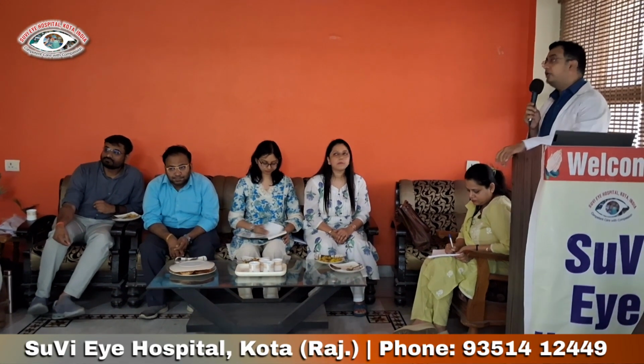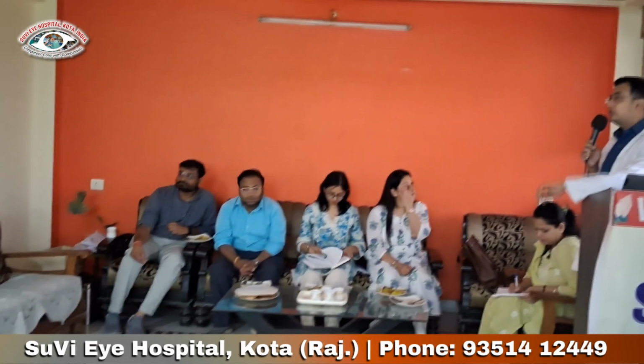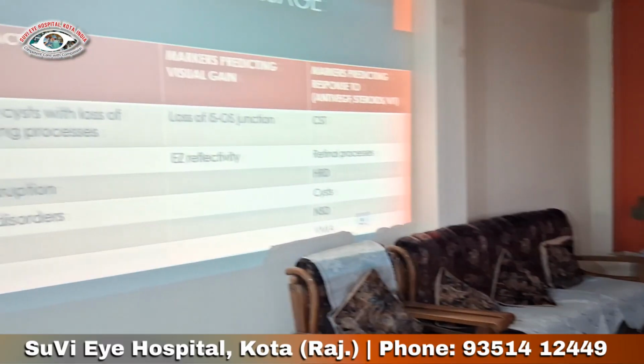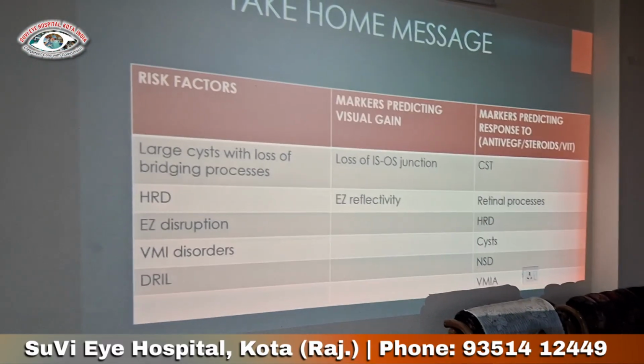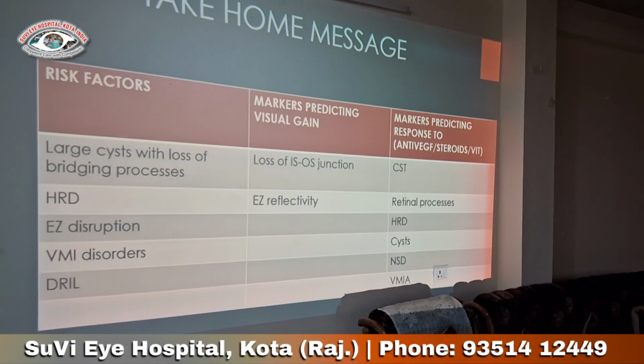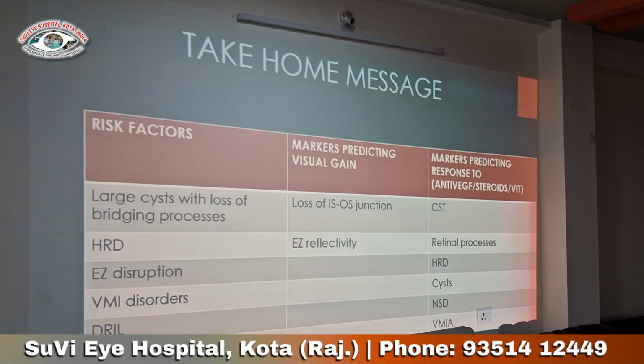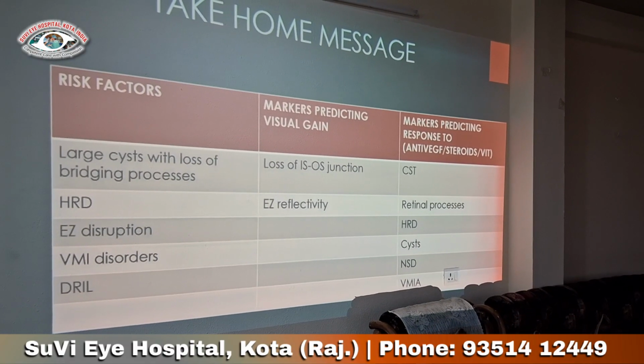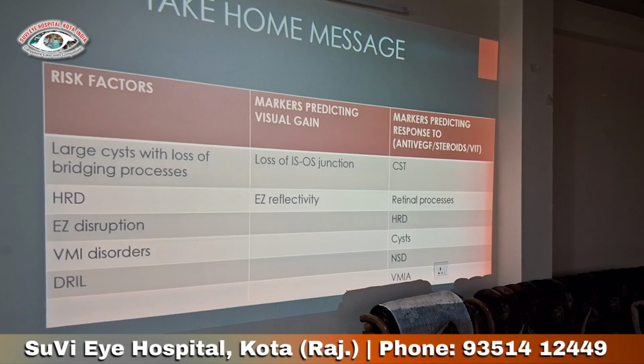So all said and done, these were the biomarkers, and diabetic macular edema is the most common but most difficult to treat. Sometimes we have to monitor to such an extent that it is a recalcitrant diabetic macular edema. In recalcitrant DME, the vision goes to a level of say 6 by 12, 6 by 9.